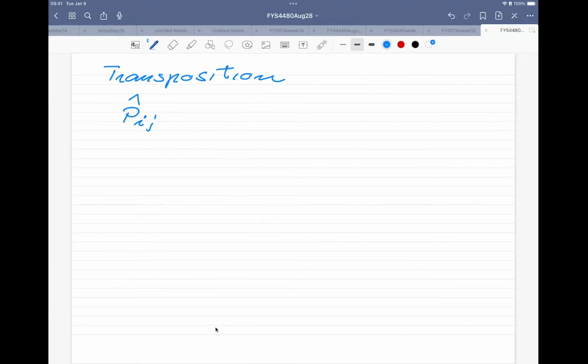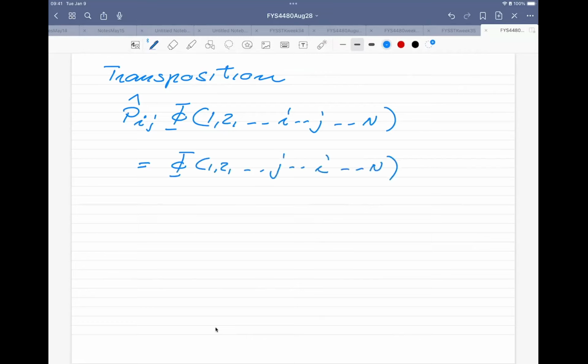When this one acts on a state, and I'm just taking the liberty of writing it as 1, 2, up to n, with i here and j, and up to n, this is the same as phi of 1, 2, with i and j transposed. And this is the same as minus phi of 1, 2, of i, of j, up to n.